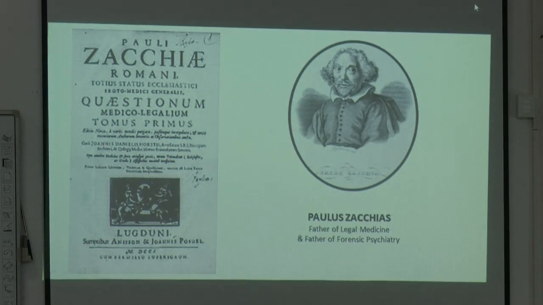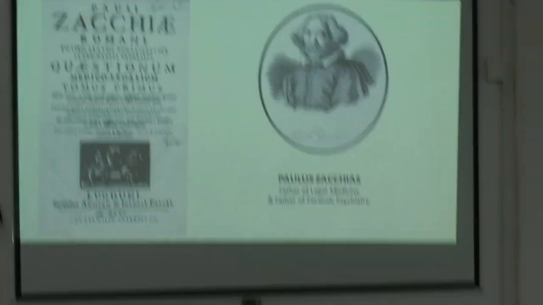This person wrote the first book, Quaestionum Medico-Legalium. He was born in Italy, in some 15th century. So he is the father of legal medicine and father of forensic psychiatry. In the exam you can have this question.